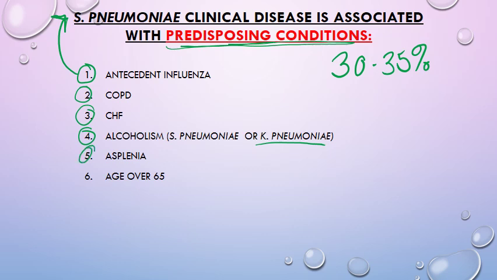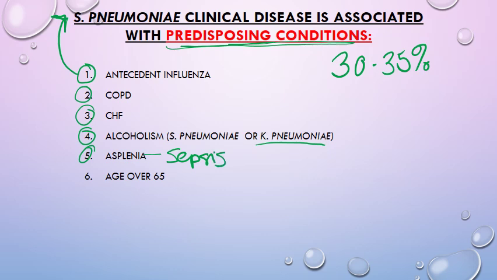Asplenia, I already kind of mentioned that one. People who lack a spleen, for a variety of reasons, right? Functional asplenia, like sickle cell with the microinfarcts inhibiting the function, or people who have it removed. All of this makes people more susceptible to strep pneumo infection. These people who are asplenic might wind up with sepsis from Streptococcus pneumoniae.